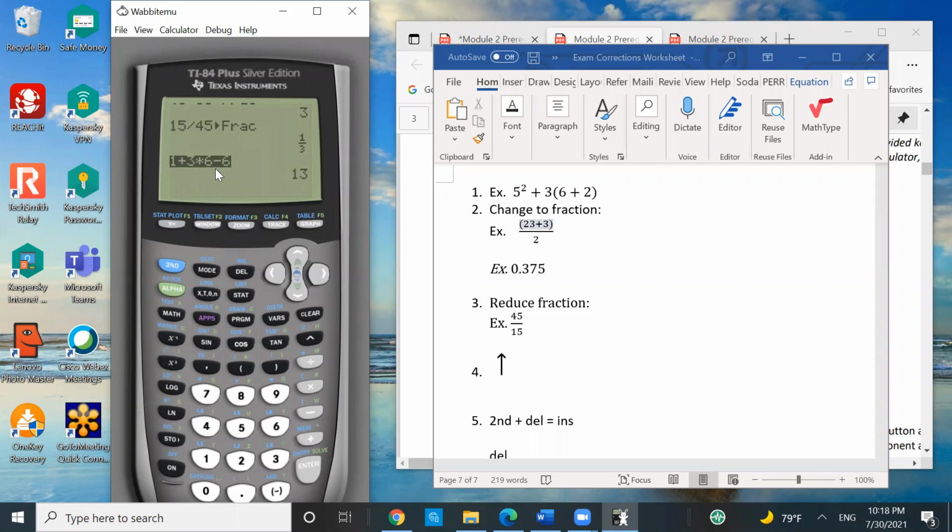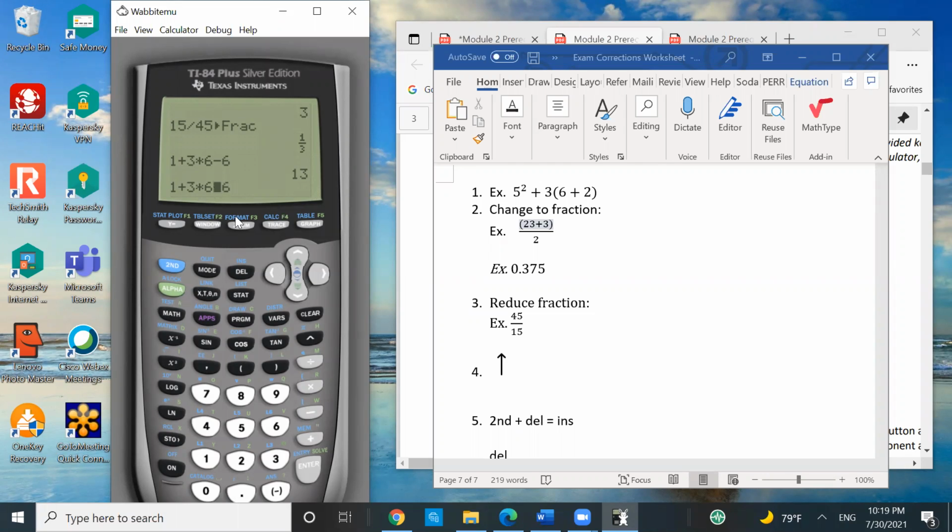I can highlight this operation or expression, and then I hit enter. So it comes down and I click left or right to see where is wrong.